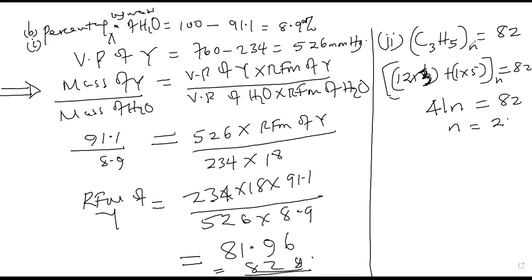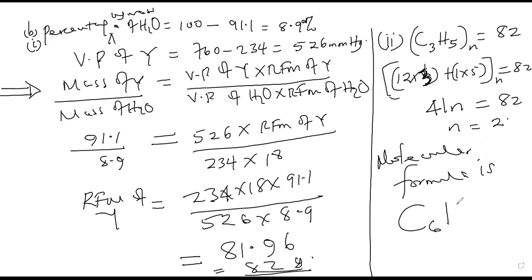When n is 2 and you substitute it here, you're going to get your molecular formula as C multiplied by 2, 6, H multiplied by 2, 10. C6H10. Someone can easily look at it as cyclohexene.